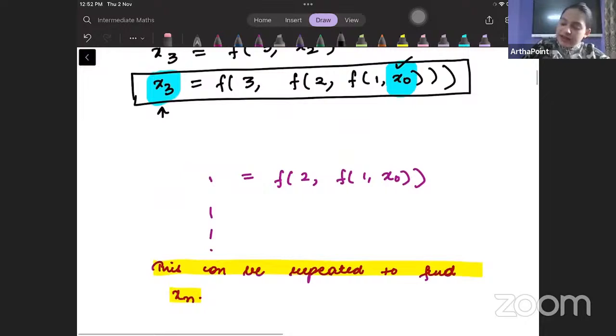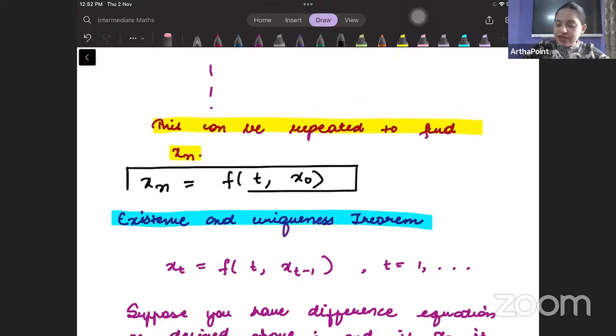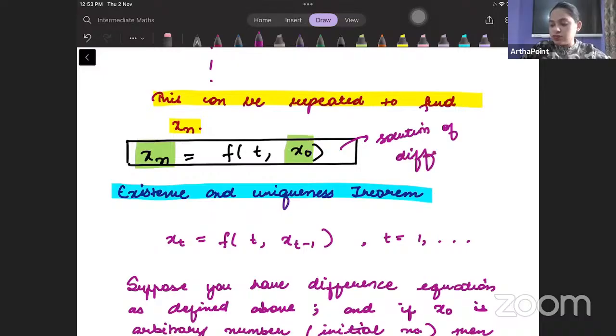So even if I have this as xn, then as a function of x0. But when I write xn as a function of x0, this is called the solution of difference equation.